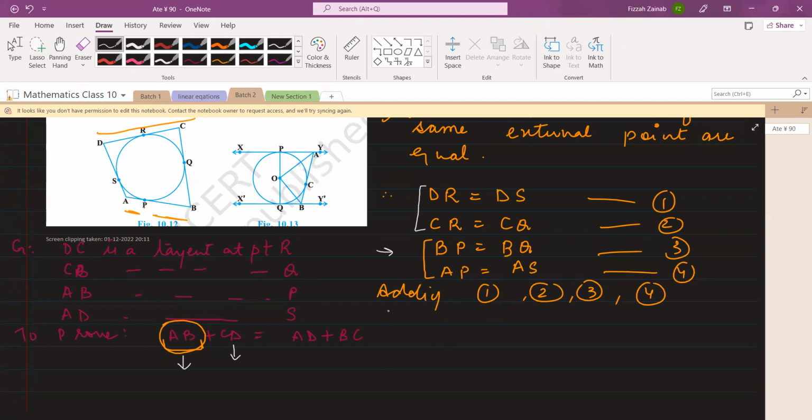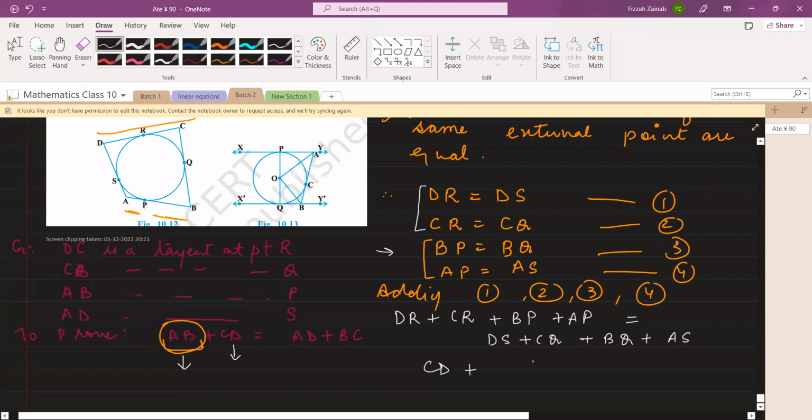Okay, so now you add them. DR plus CR plus BP plus AP is equal to DS plus CQ plus BQ plus AS. Now DR plus CR in the figure becomes your CD. BP plus AP becomes AB. Now DS plus what?